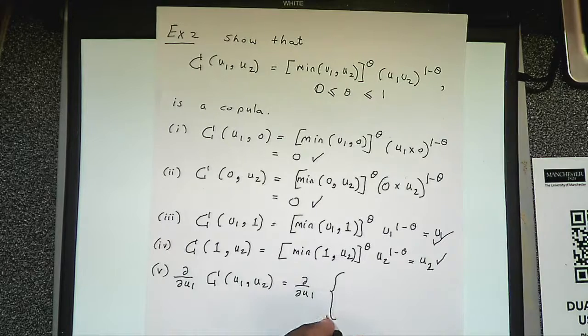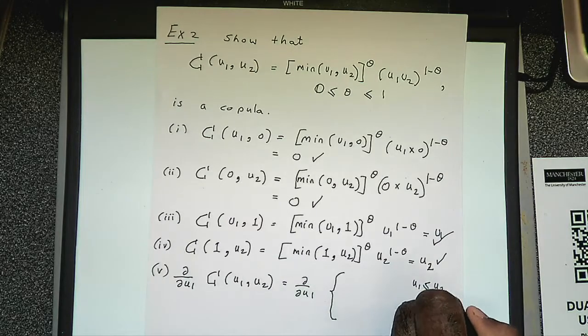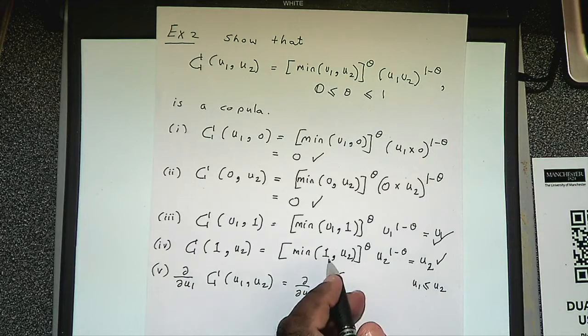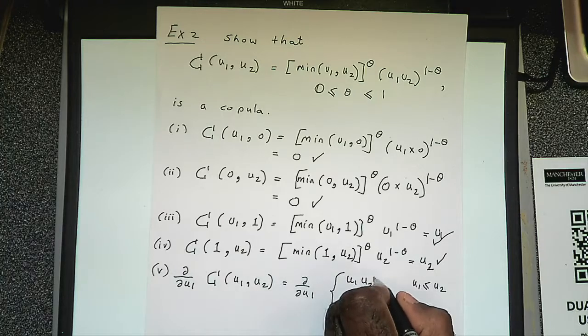Case 1, if u1 is less than or equal to u2, then the minimum will be u1, right? You should do the working, it will be u1 times u2 to the power 1 minus theta.